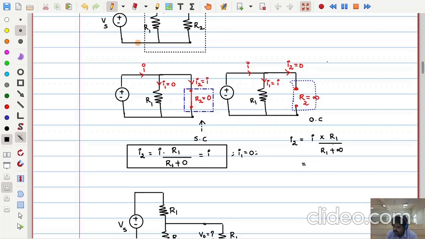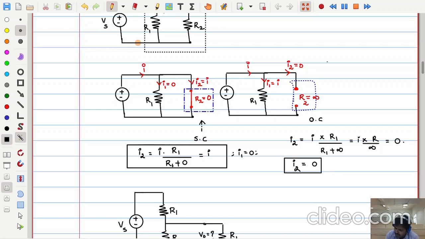If infinite resistance is substituted, infinite adding anything is infinite. So this becomes I into R1 by infinite. 1 by infinite is 0. So that means I2 is equal to 0. What does it represent?